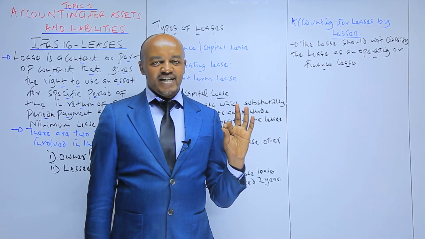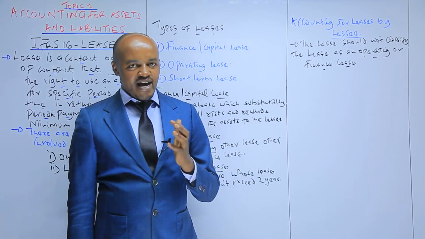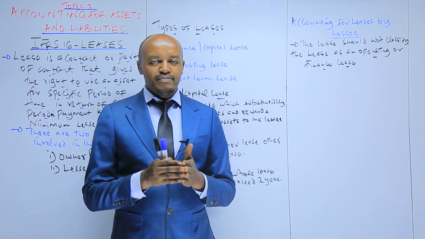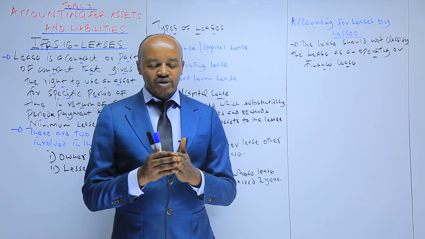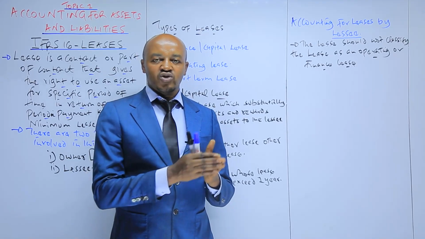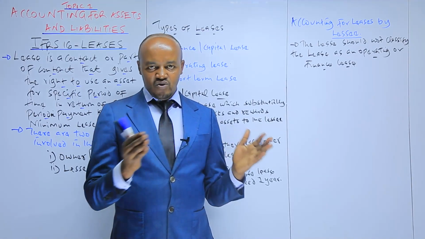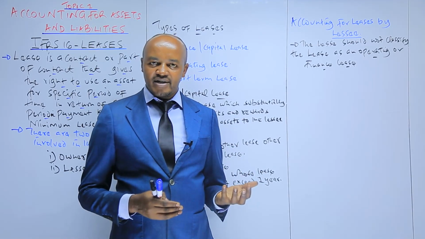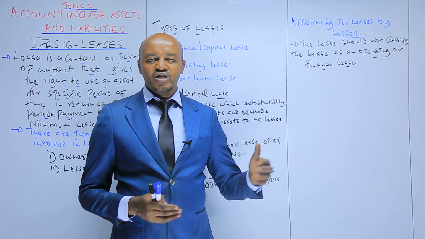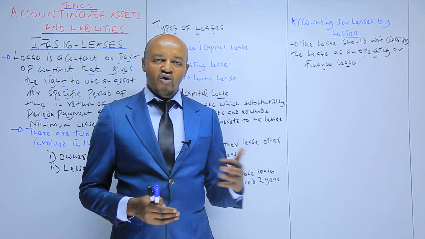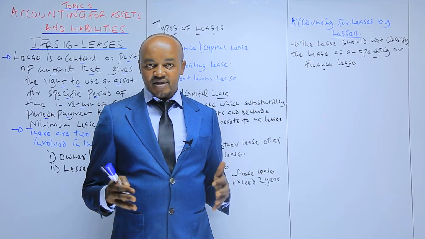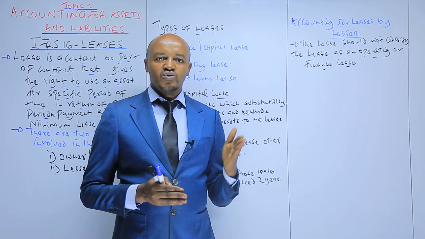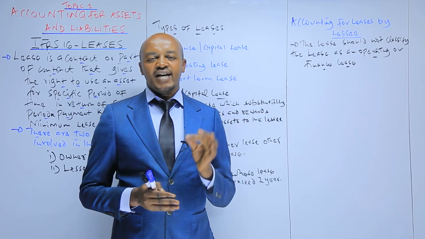Because once a company leases an asset for a long period of time, the company should be able to show the liability, which will be in the form of the lease rentals to be paid over the lease term. But under IAS 17, most of the companies were avoiding showing liabilities in their balance sheet, and therefore they were classifying all leases as operating leases, whereby companies were only accounting for the lease rentals paid in a certain financial year as an expense.